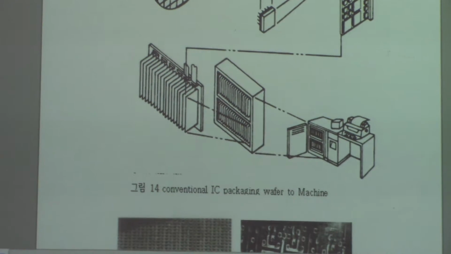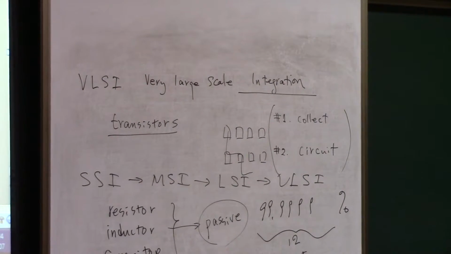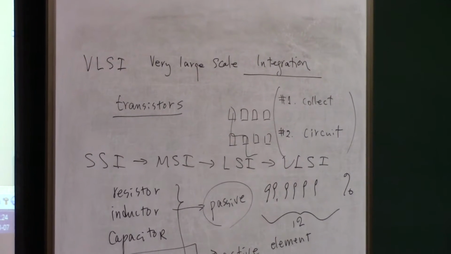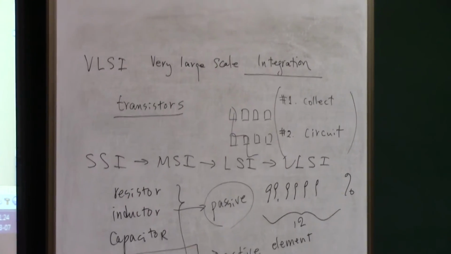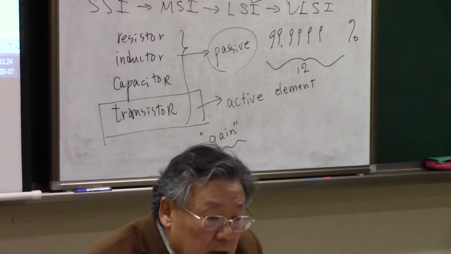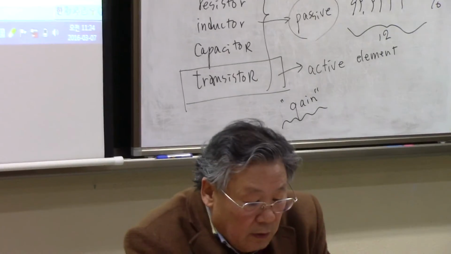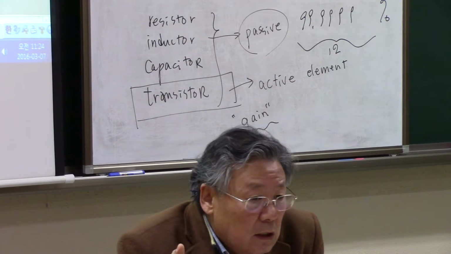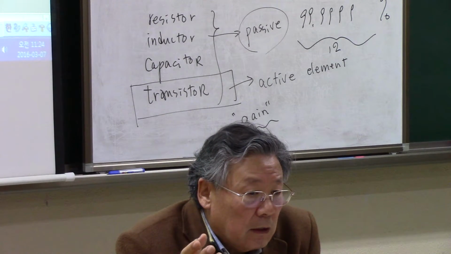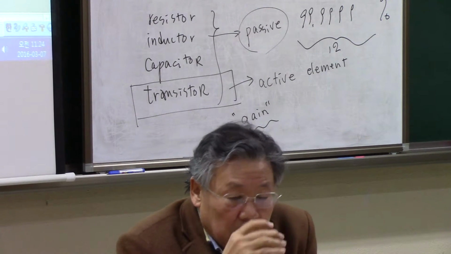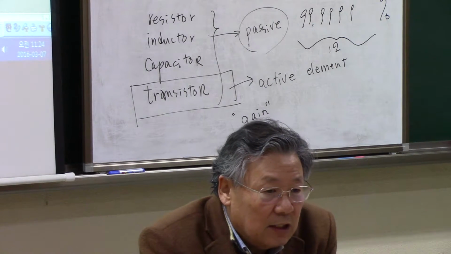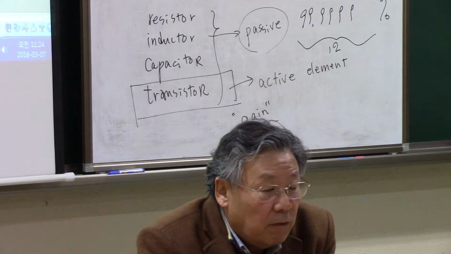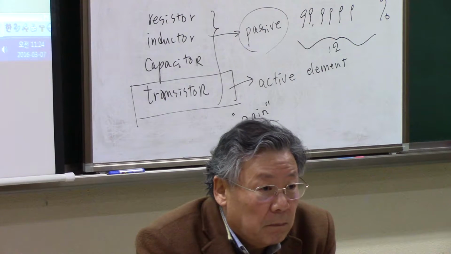Okay, before we go into the details of the unit processes, as an introduction, I want to mention the yield issues. When we talk about the integration, in other words, we usually say this is a 256 mega DRAM.